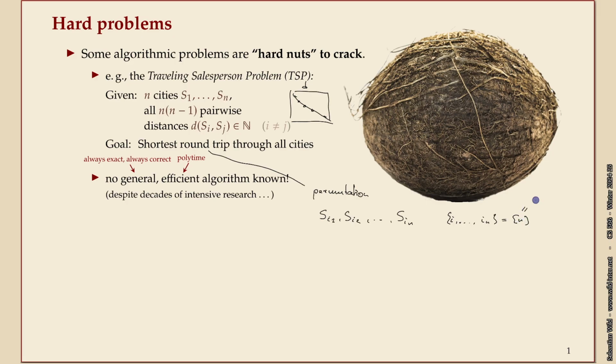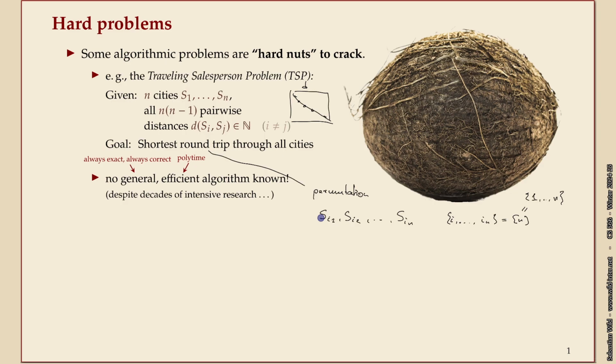I'll write this shorthand for the first n integers. So that's a round trip. I'm just listing the cities, but you're supposed to imagine you go through the cities in that order and then you return back to the first one.